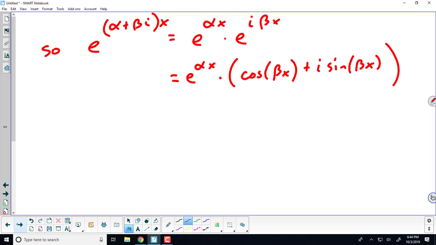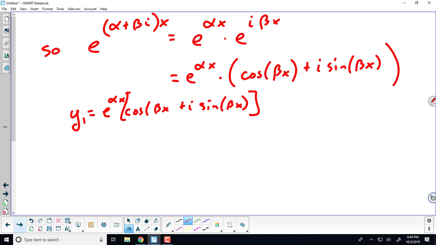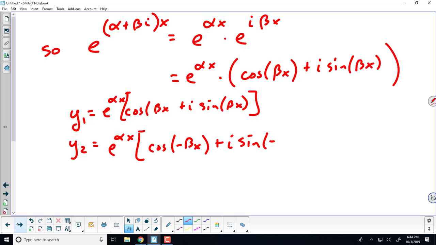We just said that y1 equals e to the alpha x (cosine beta x plus i sine beta x) is one solution, and y2 equals e to the alpha x (cosine of minus beta x plus i sine of minus beta x).